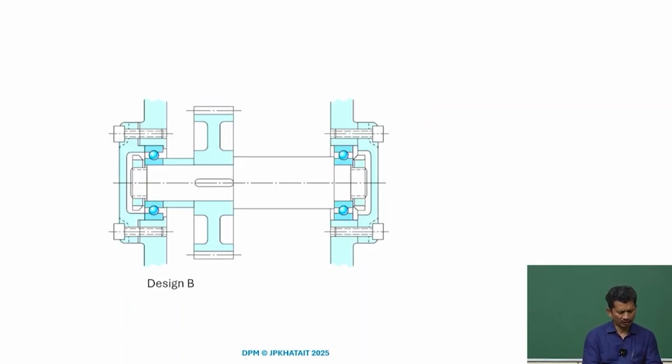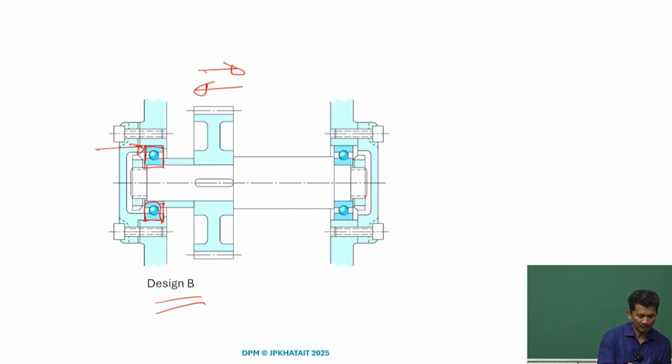Now, go to this design. On the left, the bearing we have here. If there is a load here, of course, it is supported from the left side by the end cap, but if there is loading on this side, there is a wedge here, which will also provide the support.